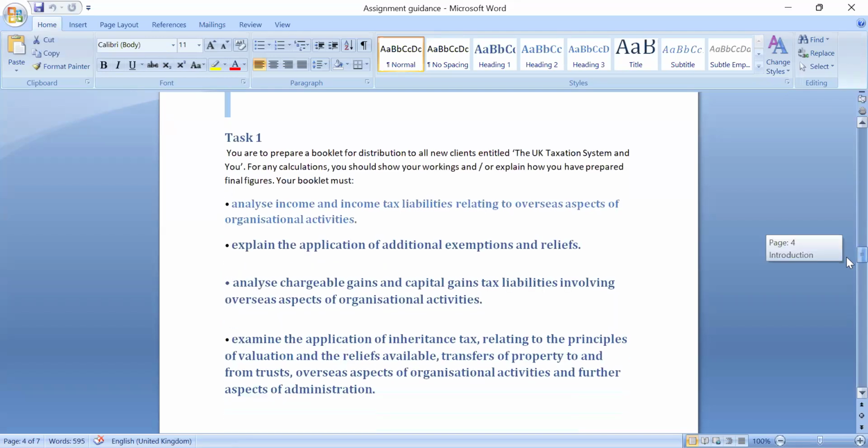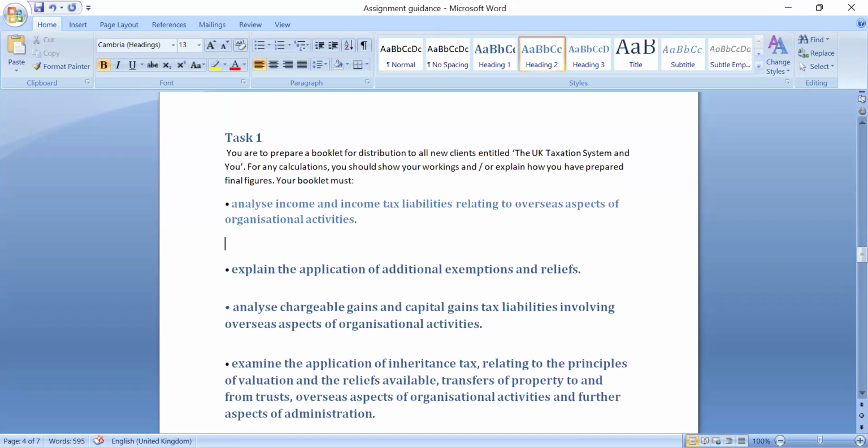Let's say income and income tax liability relating to overseas aspects. If we have any overseas aspect, like a VAT you paid abroad, of course you can claim it. If you are not resident, or the income or domicile, that can be discussed there as well.